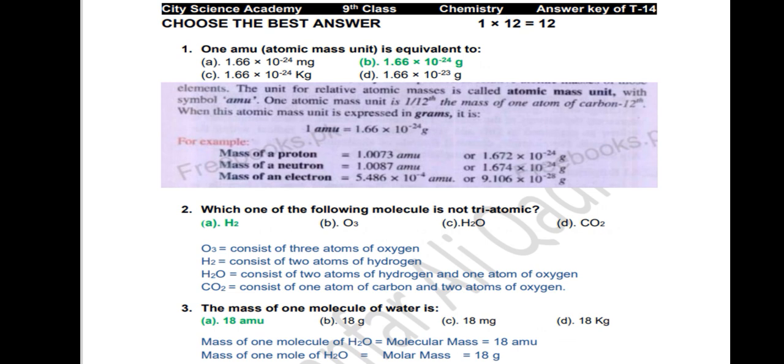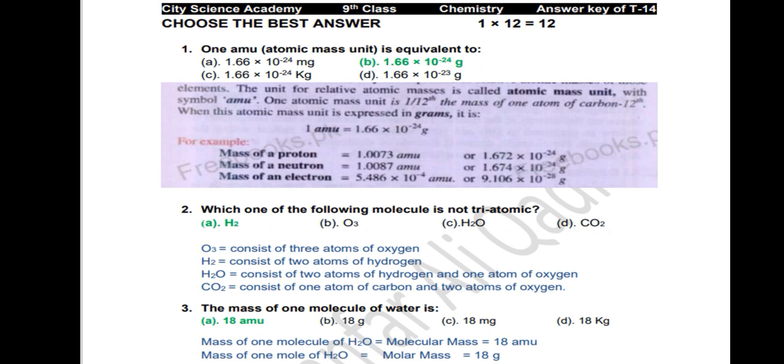H2O, triatomic molecule. Carbon dioxide, CO2, triatomic molecule. So all other options except A have three atoms, so they are triatomic. But option A, H2, is not a triatomic molecule, it is diatomic. Option A will be correct.